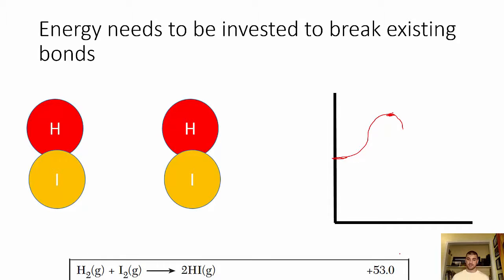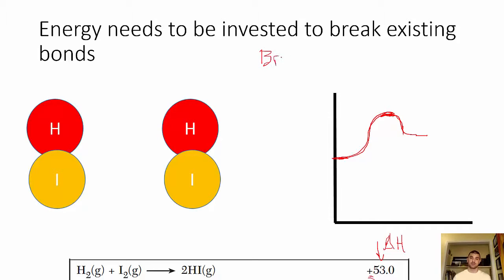So if we look at table I, this right here is our delta H. It's saying that it was a positive change in energy, meaning that overall there was a gain in energy in this stuff. So we're going to end up higher than where we started. So again, we started down here. We had to invest some energy to break those chemical bonds that were holding the things together. And then once we got them to react, they're going to start releasing energy when new bonds are made.